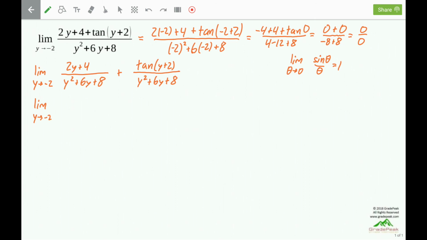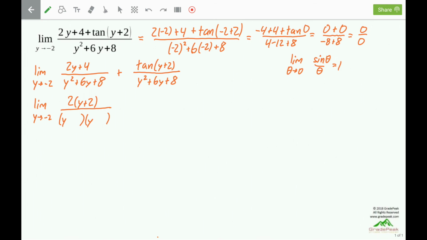This first one, we're going to try factor cancel. In the numerator, I can factor out a common factor of 2, and there's a y plus 2 factor that's making a 0 because y is going to negative 2. In the denominator, we can trinomial factor, and we have y and y. We need two numbers that multiply to be a positive 8 and add to be a positive 6.